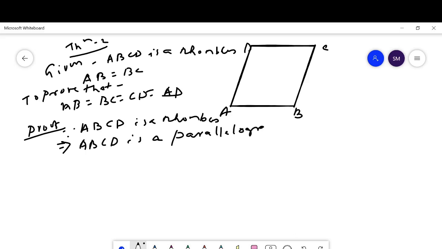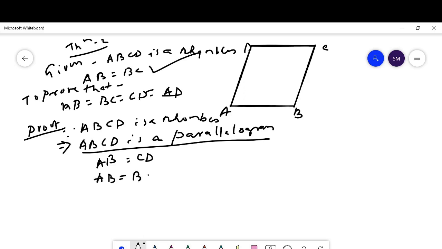As this is a parallelogram, AB is equal to CD, but the given condition is AB is equal to BC, which shows AB is equal to BC is equal to CD.